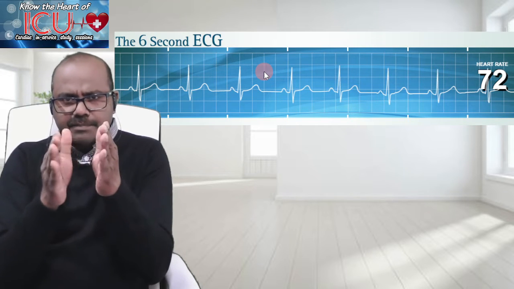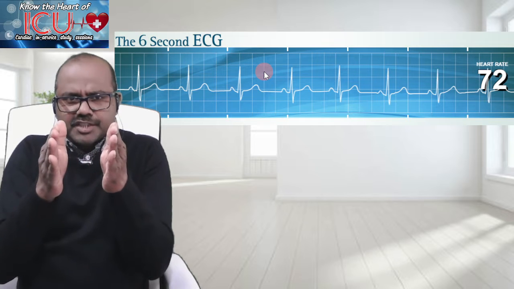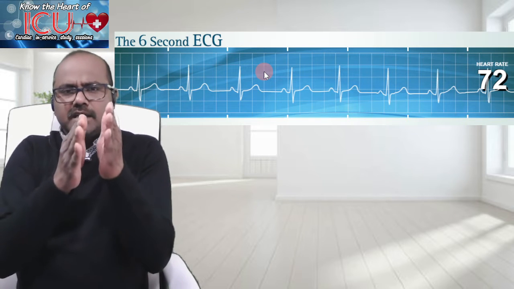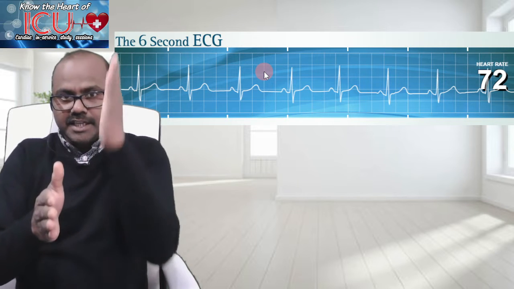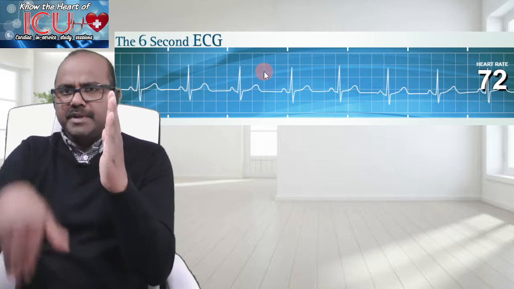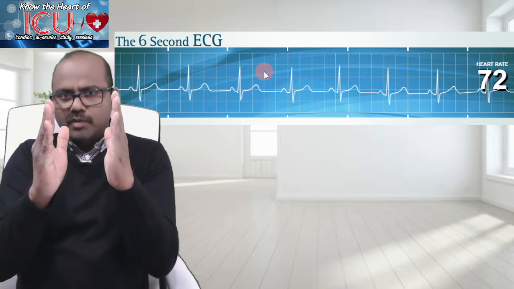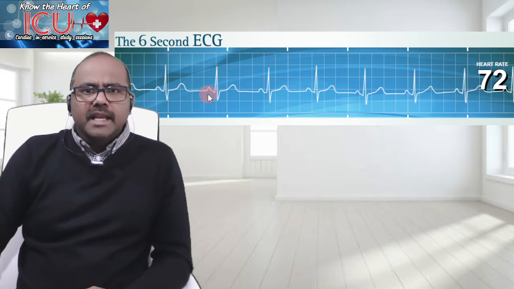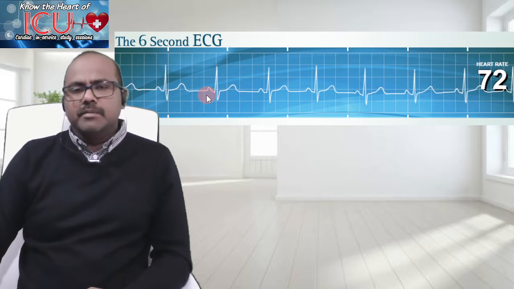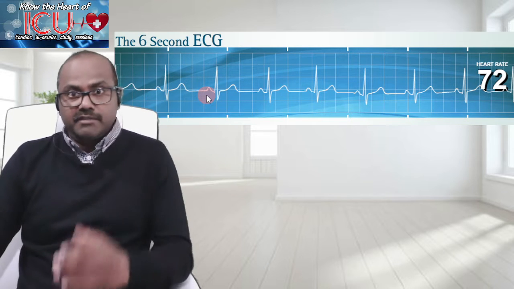And after the P wave, do you have a PR interval of less than 200 milliseconds? Yes, the PR interval is the interval from the beginning of the P wave till the beginning of the QRS complex. So that's your PR interval. The PR interval is less than 5 mm or 200 milliseconds, so there is no AV block.